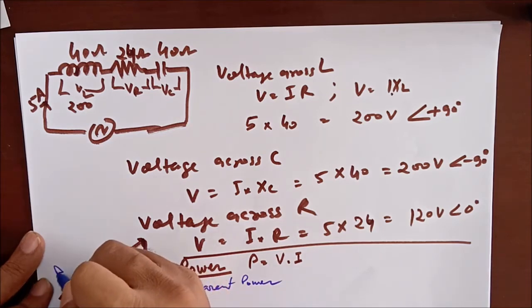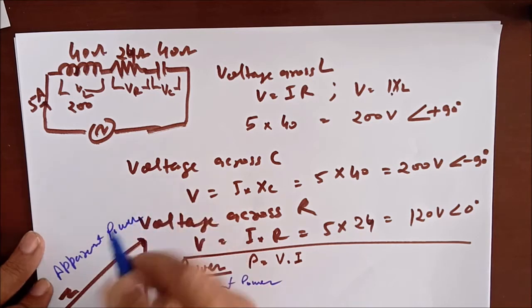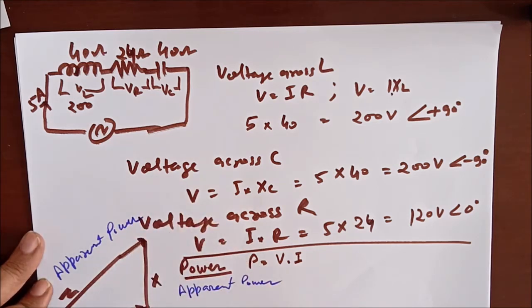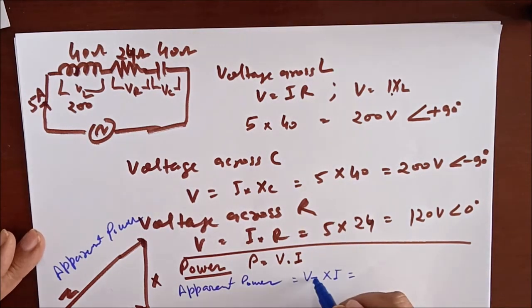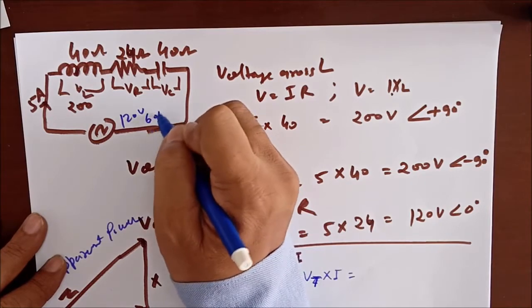This is apparent power. This Z is apparent power. So this apparent power is equal to Vz into I. Because V is the total voltage, taking total voltage into I. Total voltage 120 volt at 60 hertz was given.